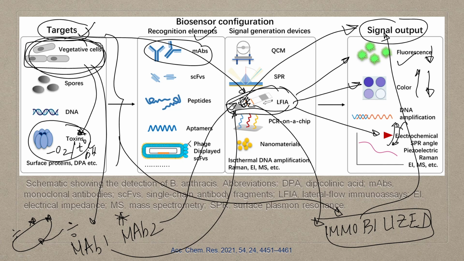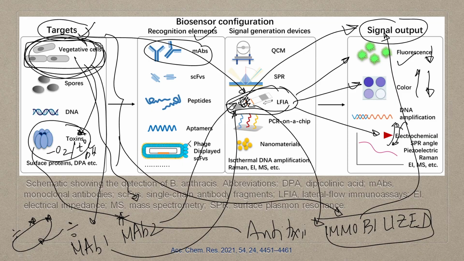So, if you have a detection method for vegetative cells, that won't be very helpful for you. What we have developed is an antitoxin, but the antitoxin will only work when the vegetative cell is producing the toxin.